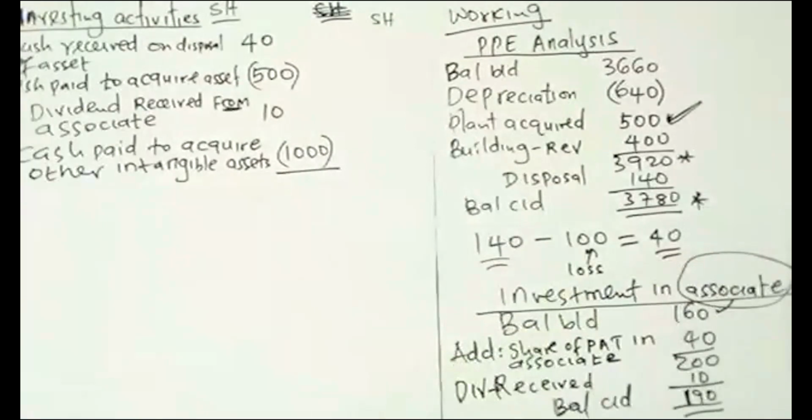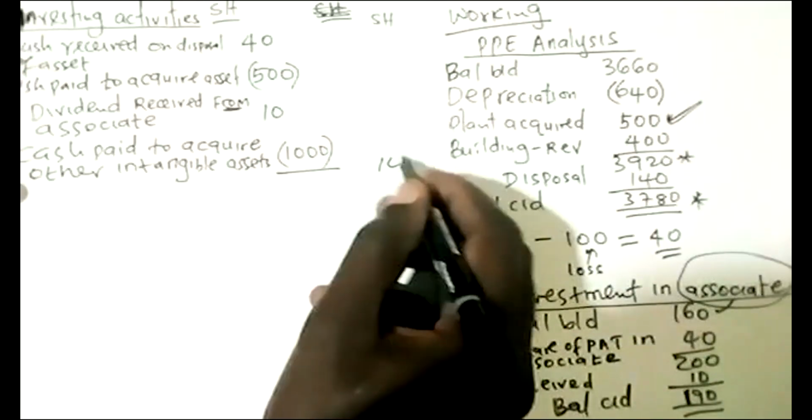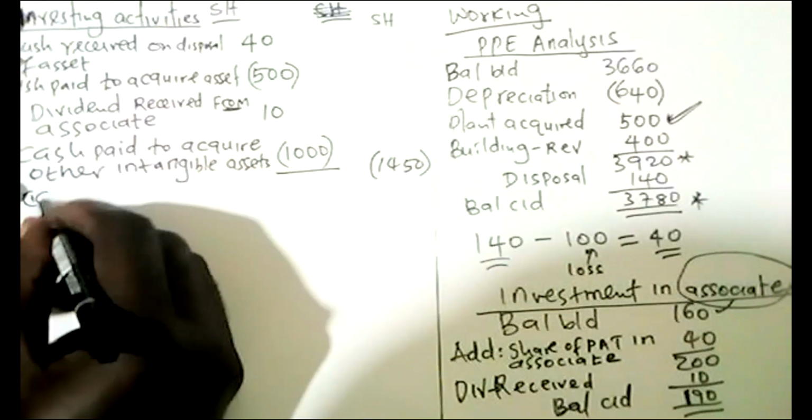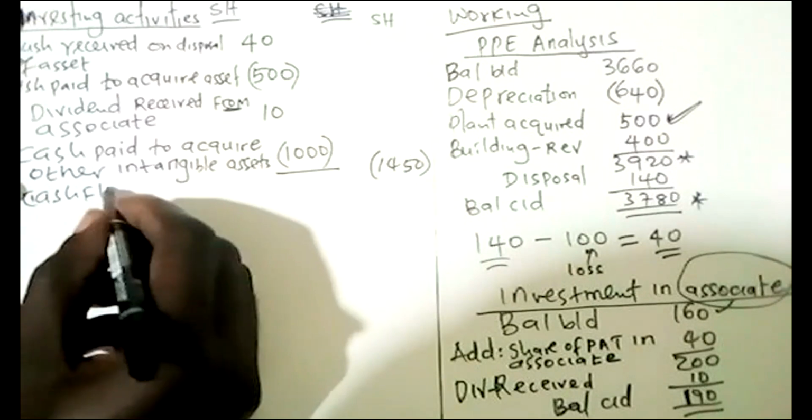So up to that point, I can say that I'm done with my investing activities. I'm getting a cash outflow of 1450. So that is cash flow from investing activities.